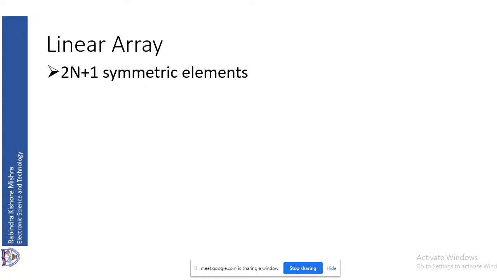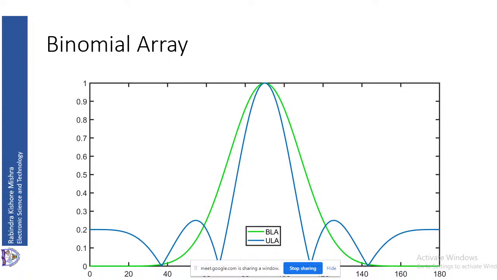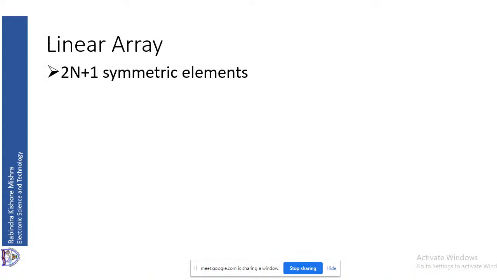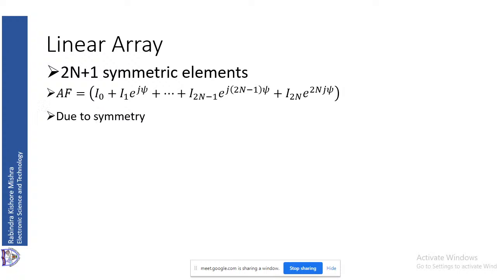Then come to a linear array. We'll consider now the design of a linear array. 2n plus 1 symmetric elements we will consider, so total number of elements is 2n plus 1, which is an odd number. In that case, array factor will be I0 plus I1 e to the power j psi, up to I2n exponential 2n j psi.